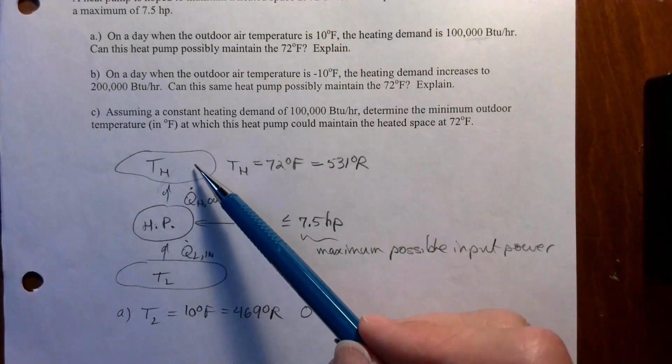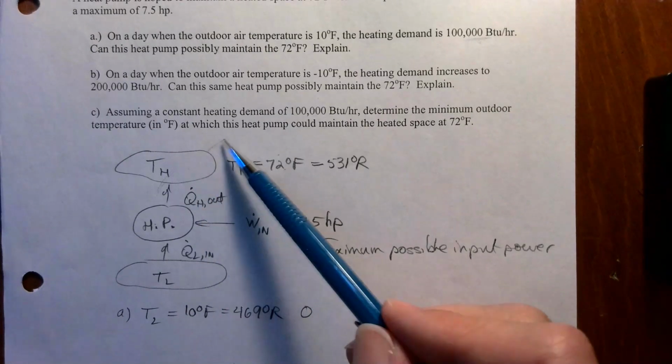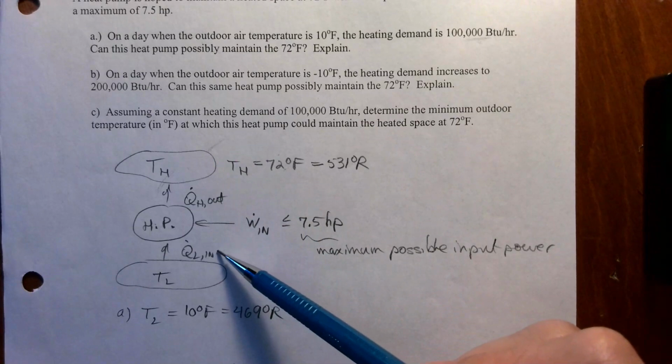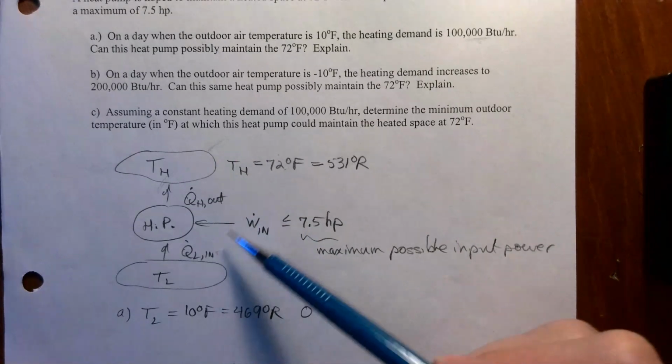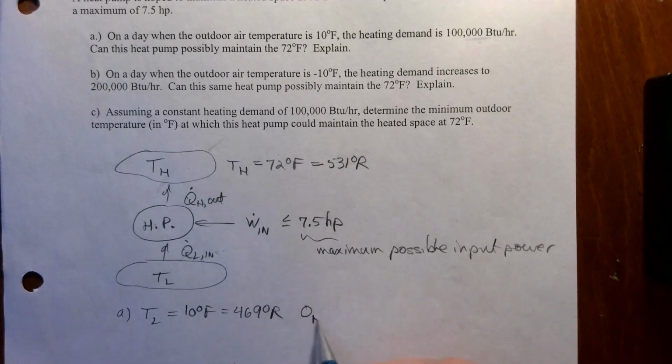So that means there's 100,000 BTUs per hour leaking out of our house out to our cold space. Alright, so that heating demand they're giving us is QH out, which is equal to 100,000 BTUs per hour.